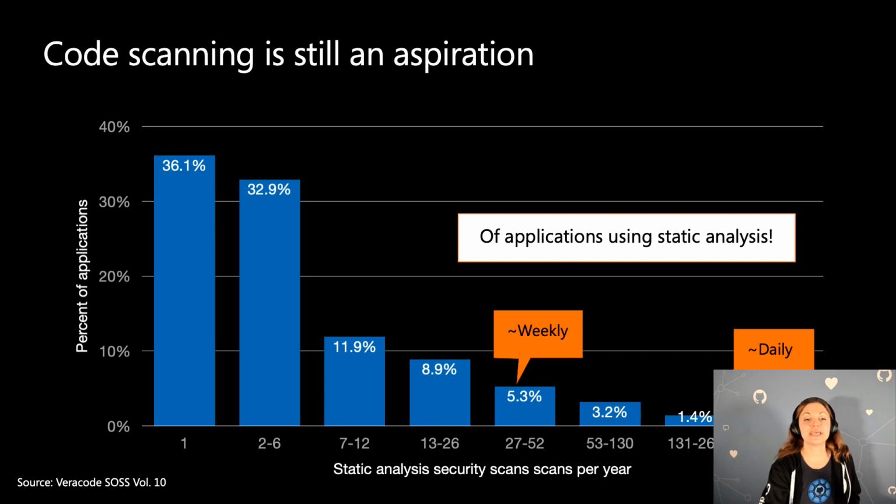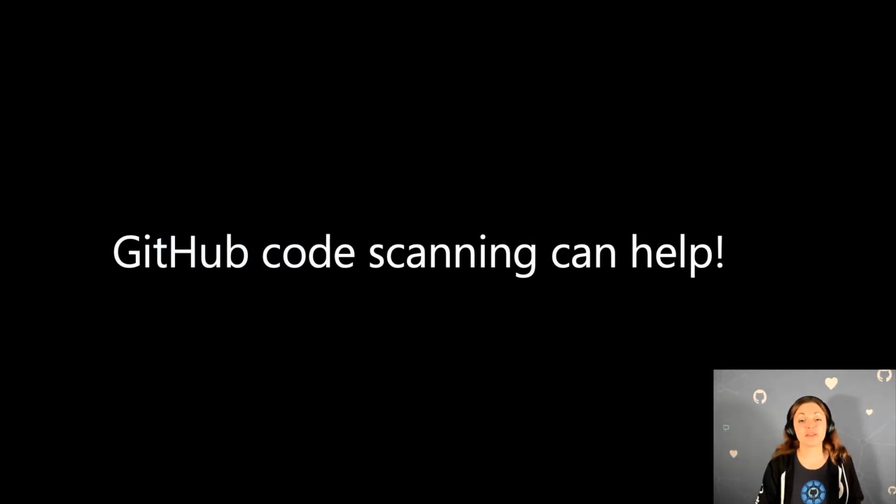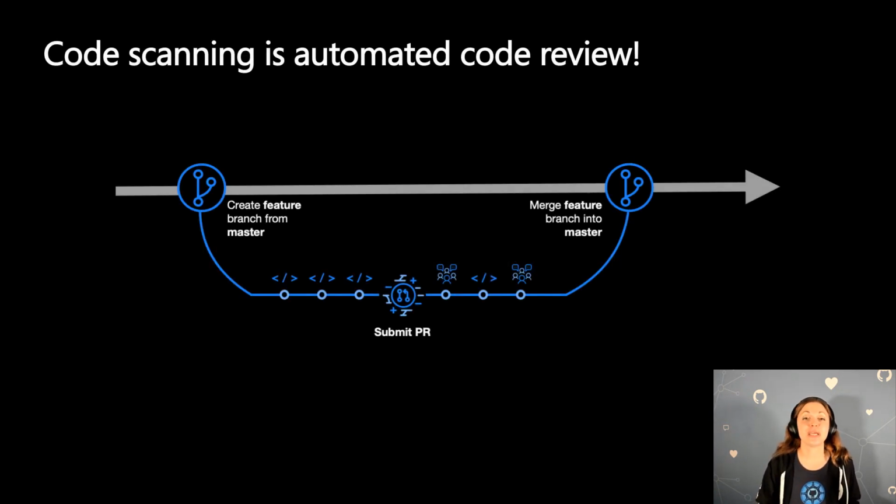We know that there's a lot of issues with static code analysis today, such as it is complex, it is difficult to configure, it's difficult to consume the reports, and it generates a lot of false positives. But we think that at GitHub, we can actually help solve these problems today. We aim to make the code scanning part of your pull request.